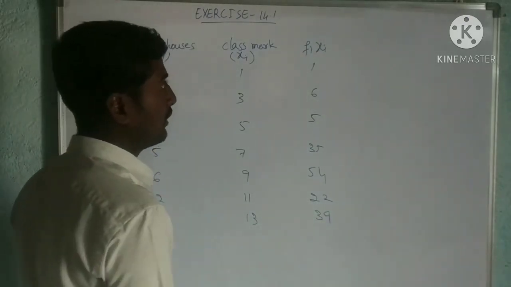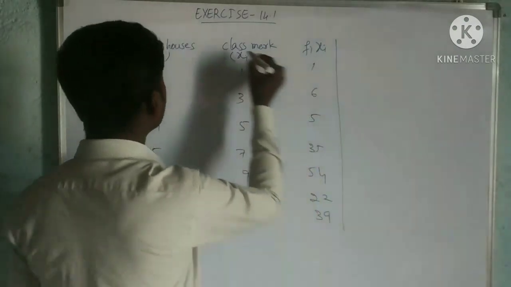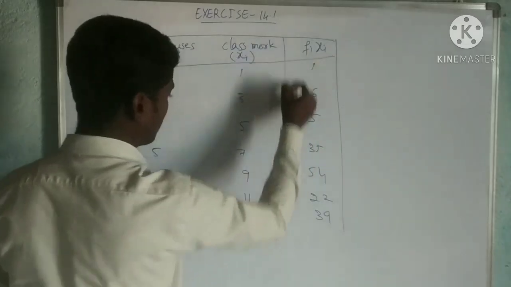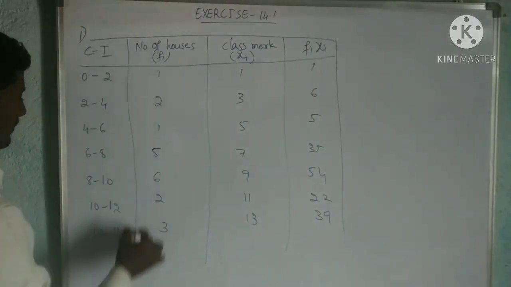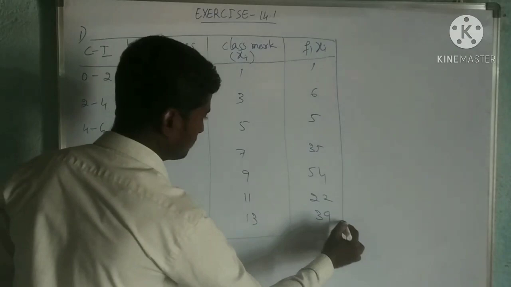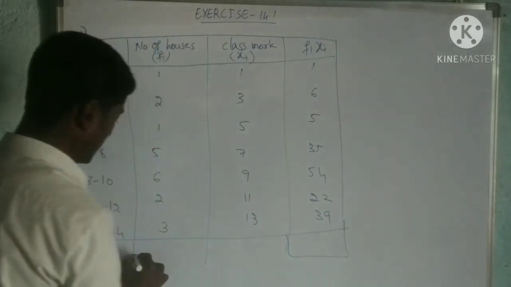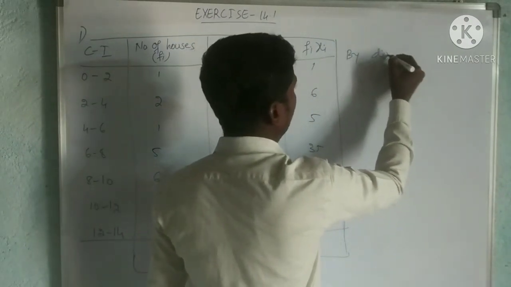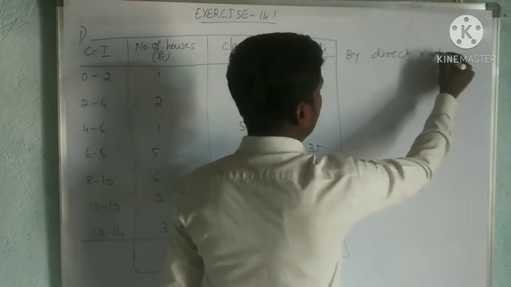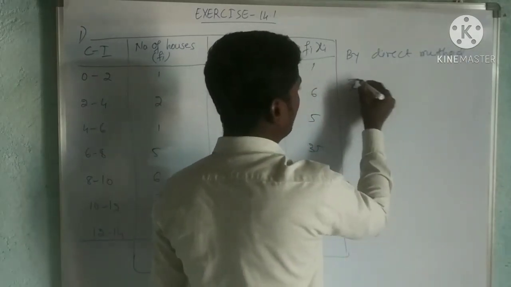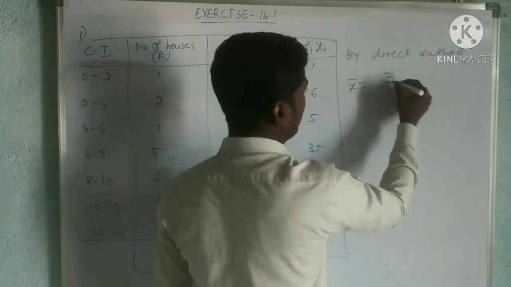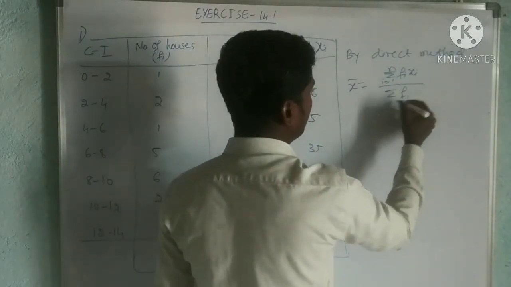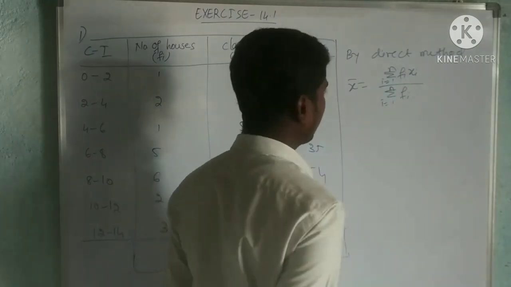Now let us write the formula to find the mean by the direct method. x bar is equal to summation i equals 1 to n of Fi xi divided by summation of Fi, i equals 1 to n.